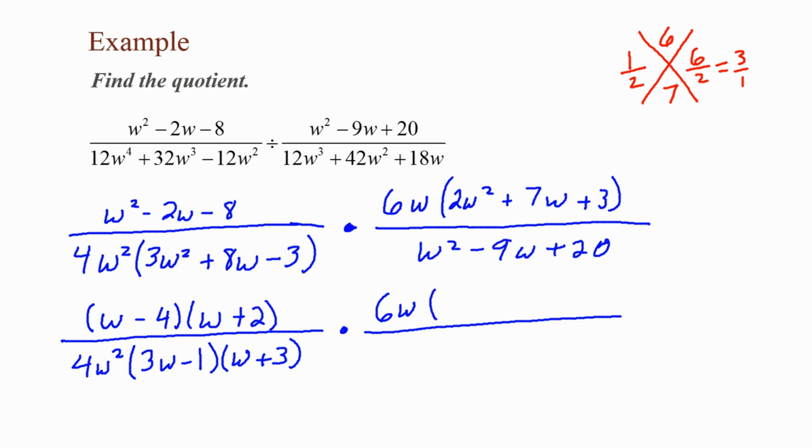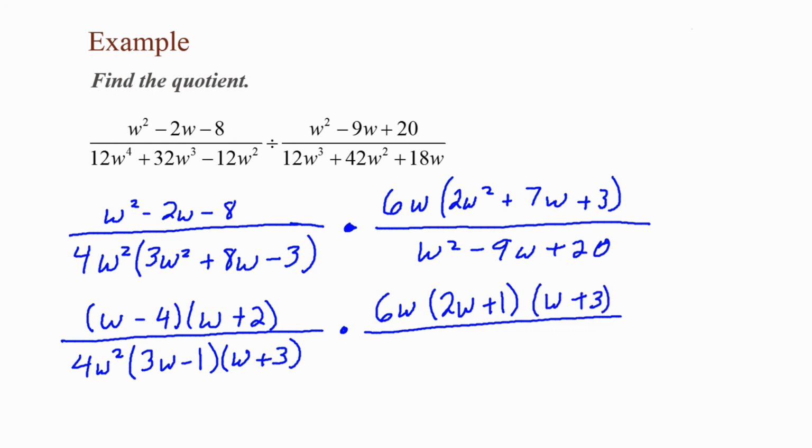So I have the factors 2w plus 1 times w plus 3. For w squared minus 9w plus 20, I need two numbers that multiply to be 20 but add to be negative 9. So w minus 4 and w minus 5.